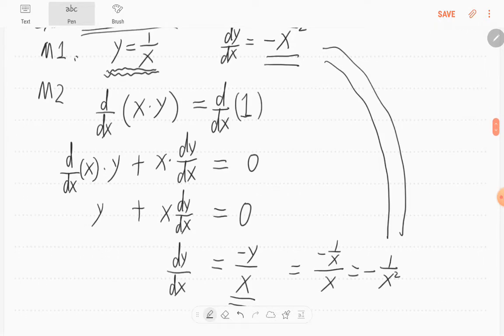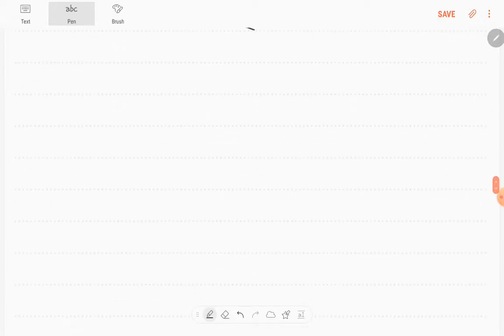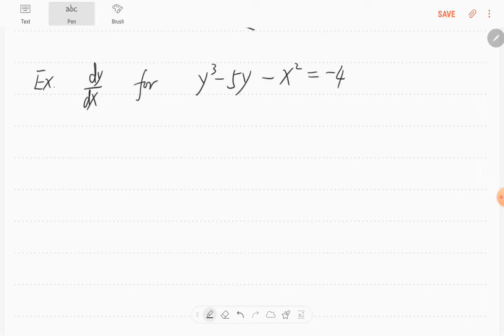So this is the typical way to do implicit differentiation. Now let's look at more examples. We want to find dy over dx for the equation y cubed minus 5y minus x squared equals negative 4.